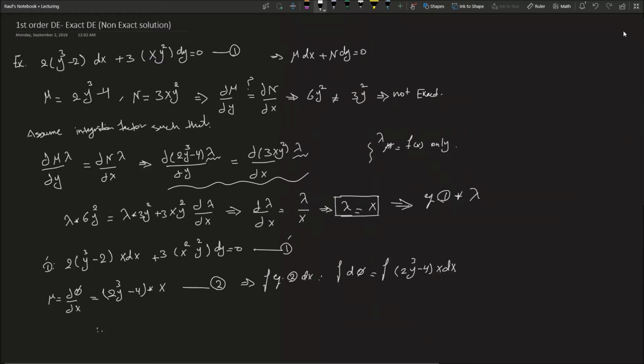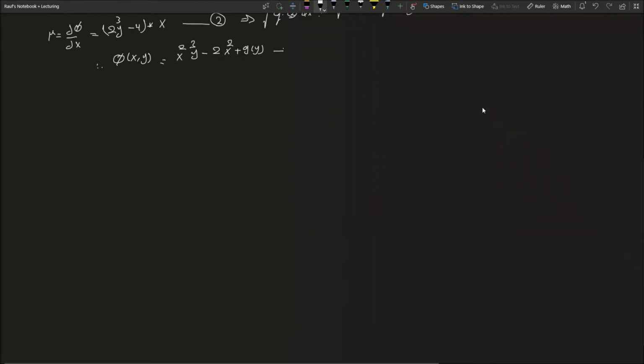With that, the function phi of x and y equals x squared y cubed minus 2x squared plus g of y as an integration constant. Call this equation number 3.